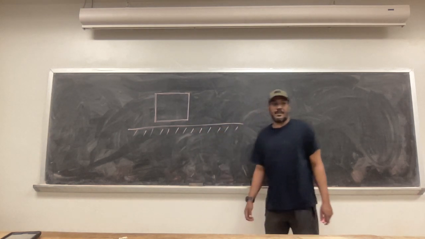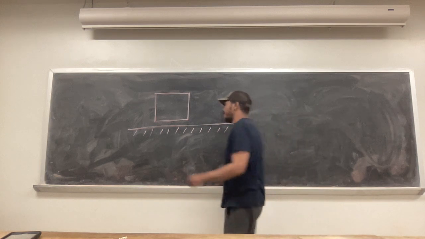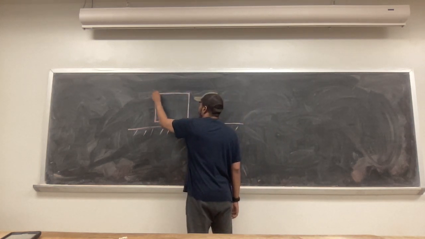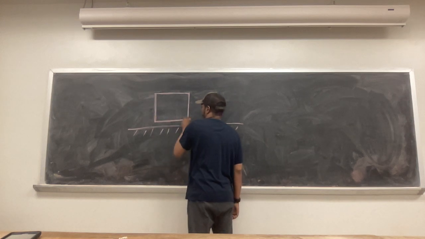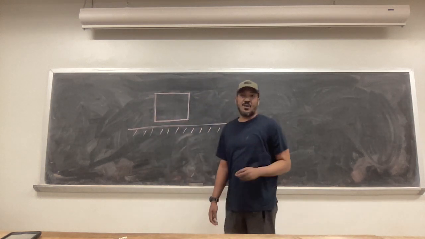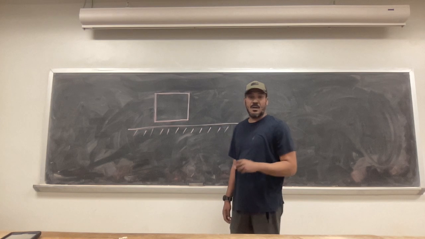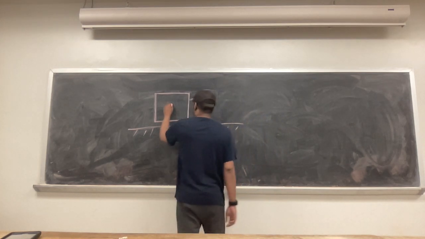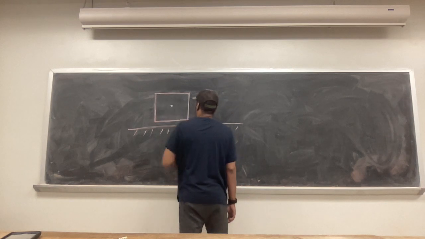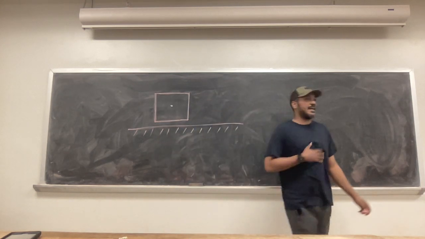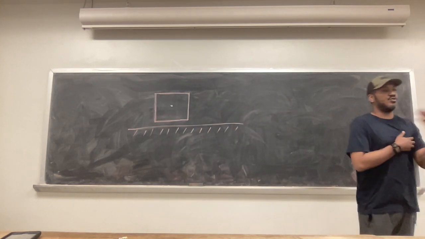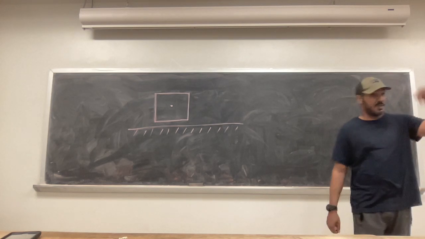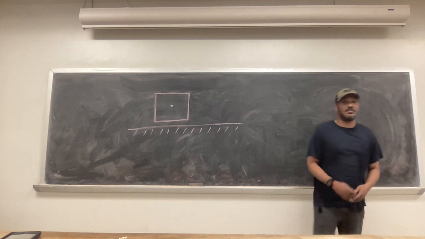So, the question is, what forces are acting on this box? Gravity is one force. And what else? The flat surface going up. So think about the free body diagram: we want to draw our forces and identify in which direction they act.